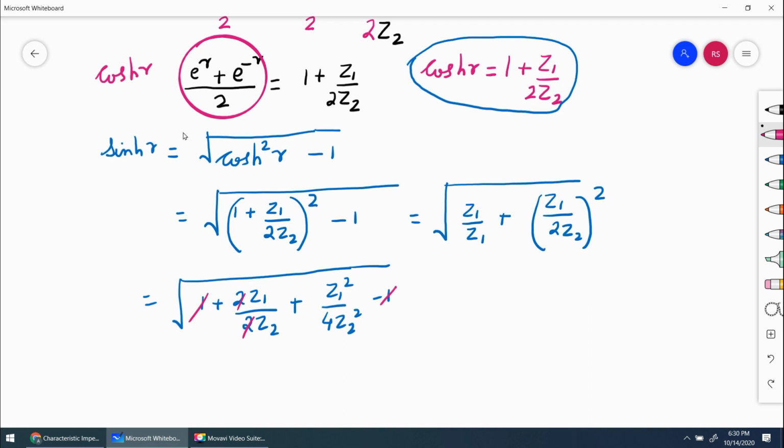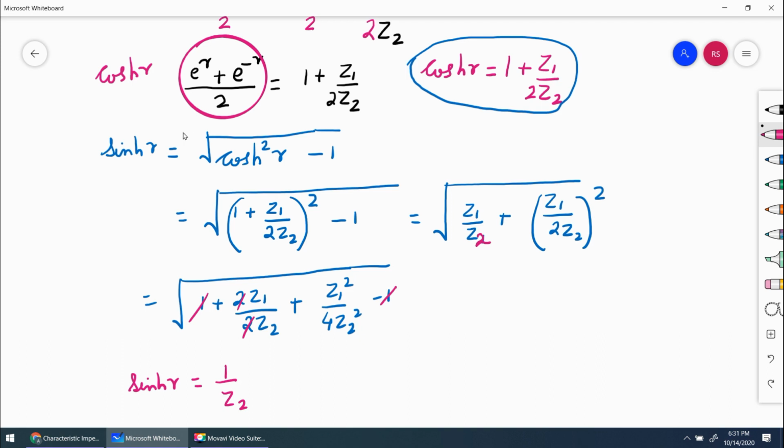What remains is z1 by z2 plus z1 square by 4z2 square. So I can write sine of hyperbolic gamma is given by that.